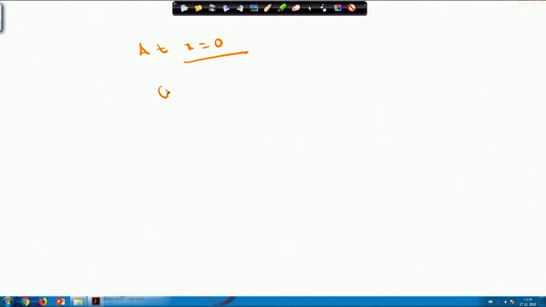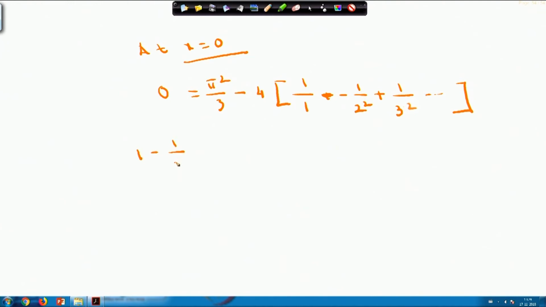I will obtain 0 on the left hand side, pi square by 3 minus 4 into 1 by 1, if I am writing, minus 1 by 2 square, like this way. So, the value of the series 1 minus 1 by 2 square plus, like this way, is nothing but pi square by 12. So, this is the expansion.